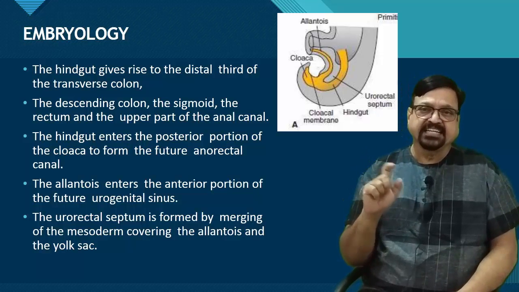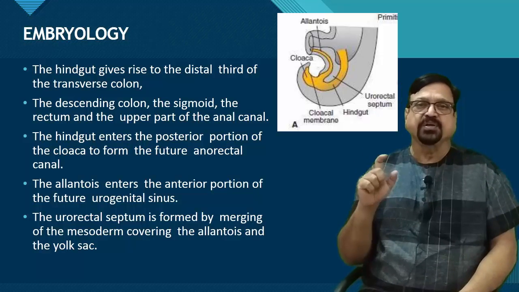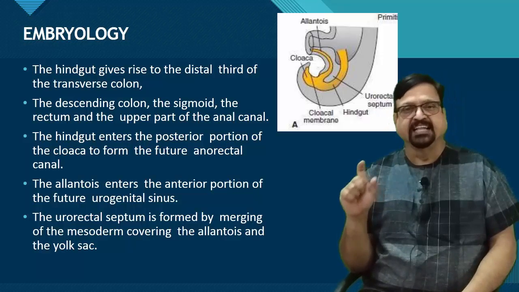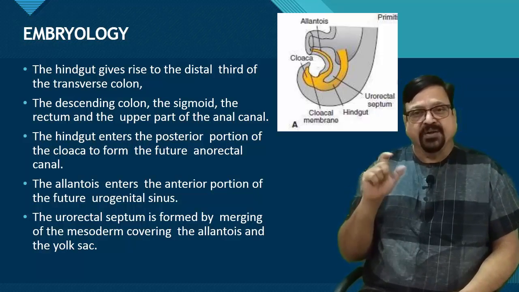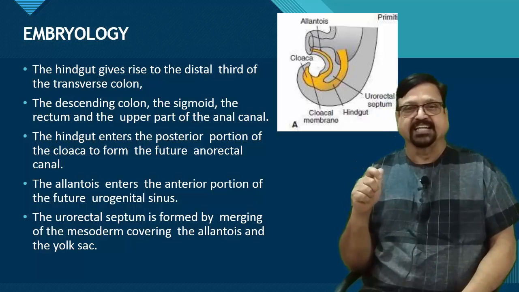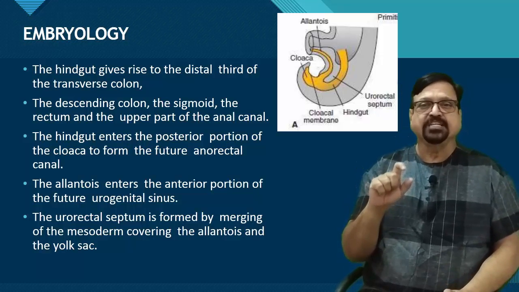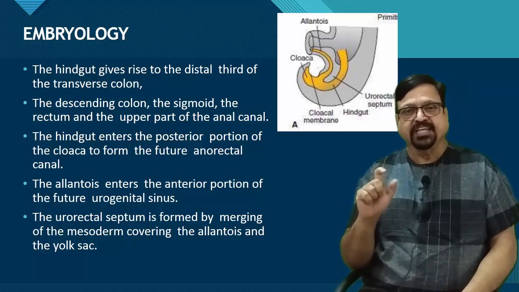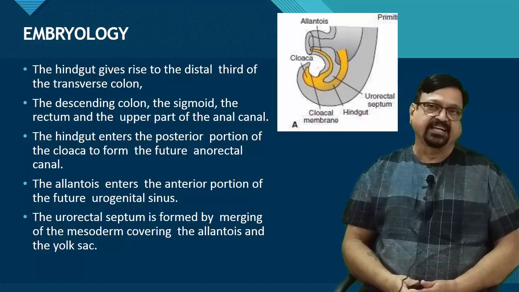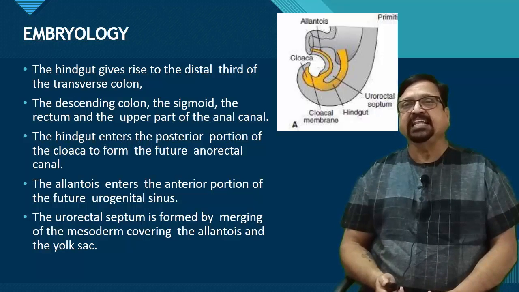The hindgut enters the posterior portion of the cloaca to form the future anorectal canal. The allantois enters the anterior portion of the future urogenital sinus. The urogenital septum is formed by merging of the mesoderm covering the allantois and the yolk sac. Explanation is better seen in the diagram along with the illustrations.